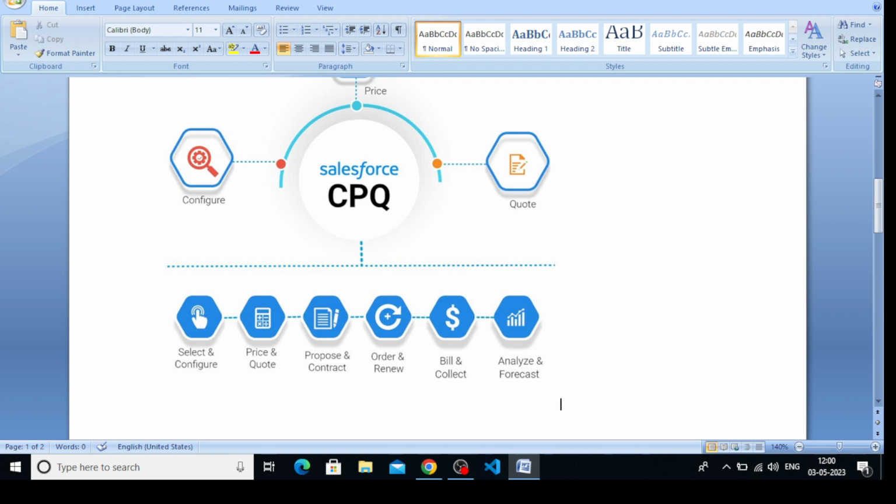Let's take an example of Amazon. In Amazon, we can see that some products are sold on EMI, the equated monthly installment process, so it is not necessary to pay the full cost of the product at the buying time. You may buy in installments also. This is what they are providing.